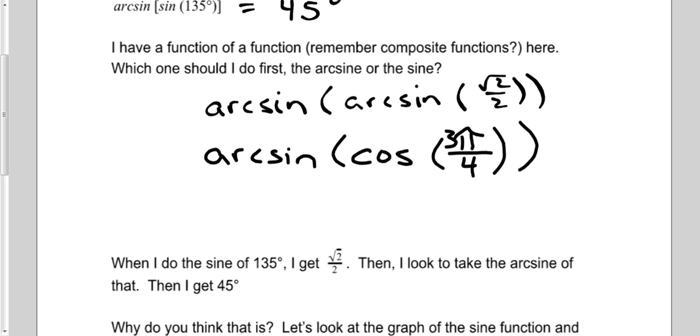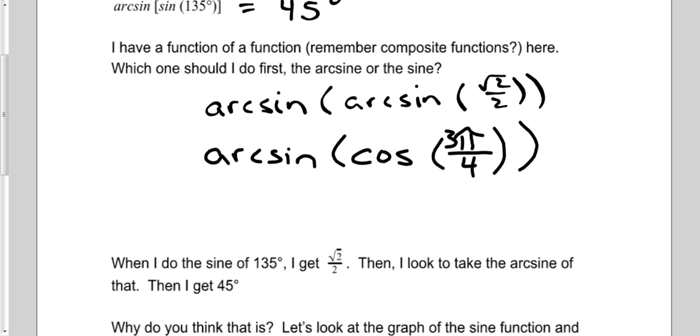It oscillates between negative 1 and 1, just like that. What does cosine do? What's the range of cosine? Negative 1 to 1, right? It does the same thing. It's just shifted a little bit. We looked at that already, right? Cosine is sine, just shifted.